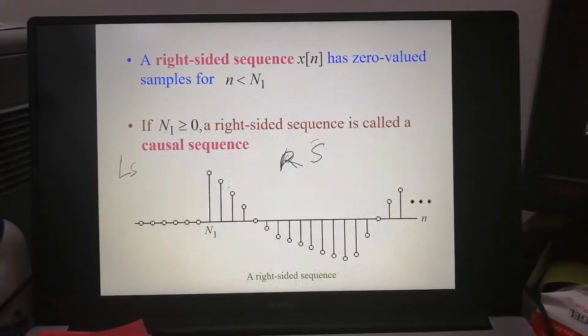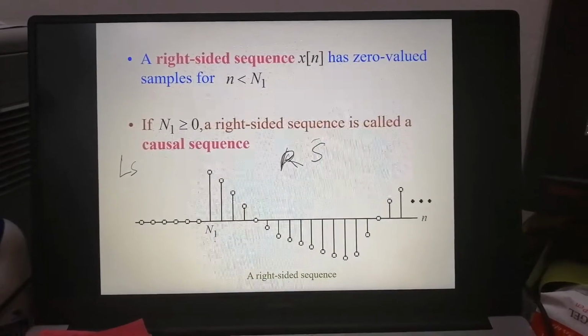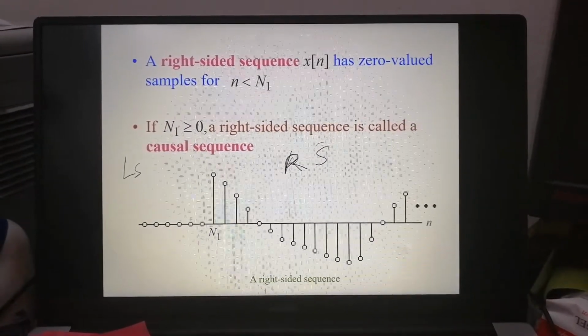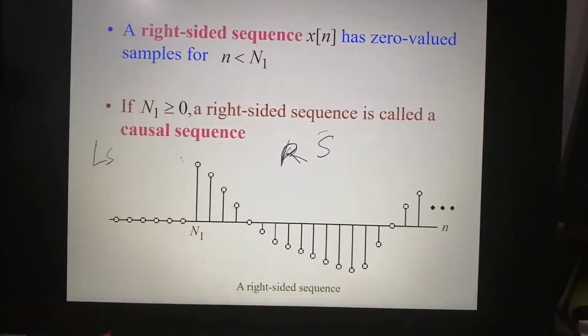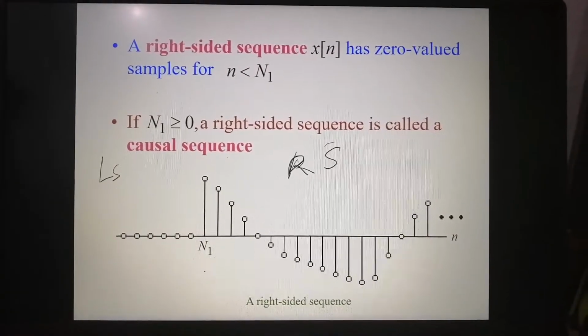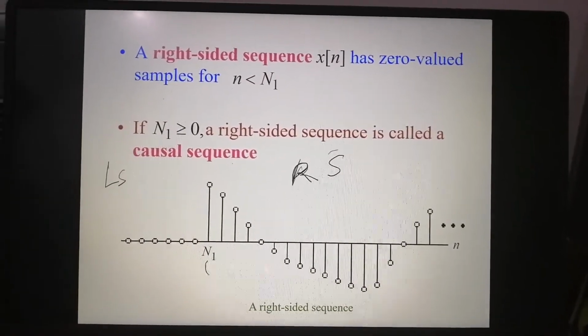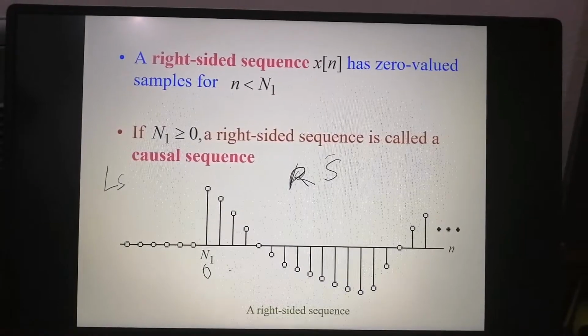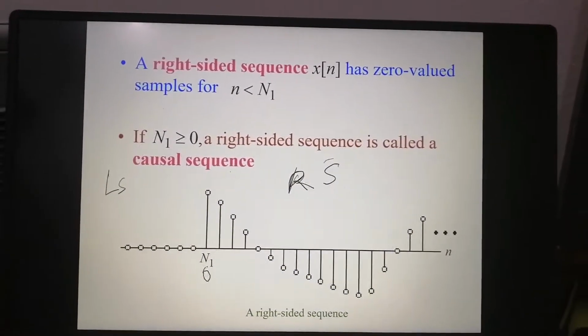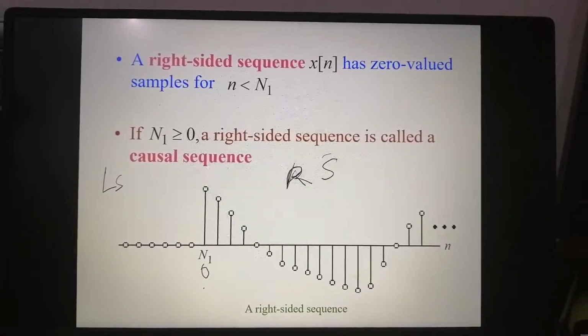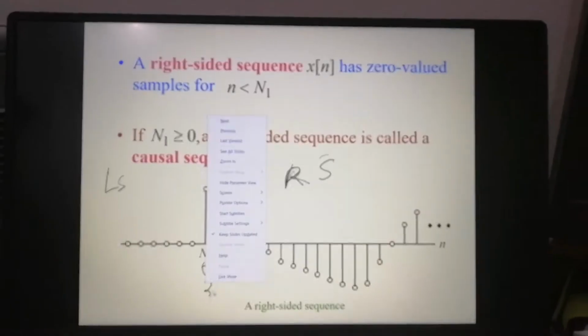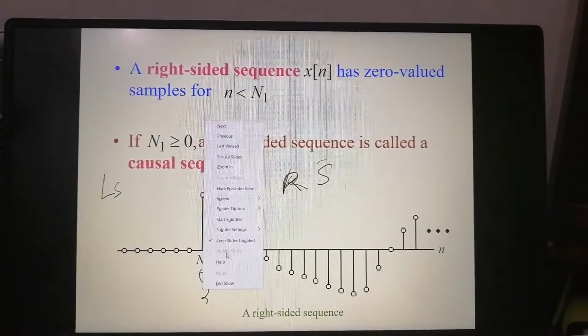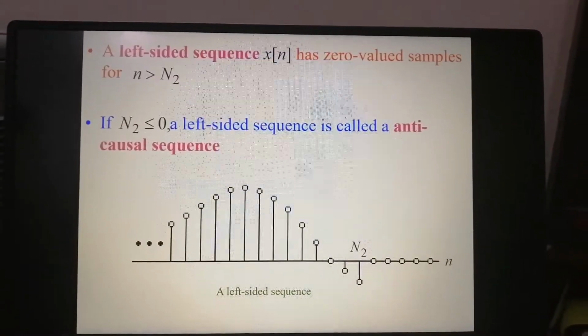But kalau kita tengok kat sini ada causal sequence kan. Causal sequence adalah bila n1 is bigger or the same as 0. So if n1 is 0, then this is a causal sequence. If n1 is katakan 2, this is also a causal sequence.